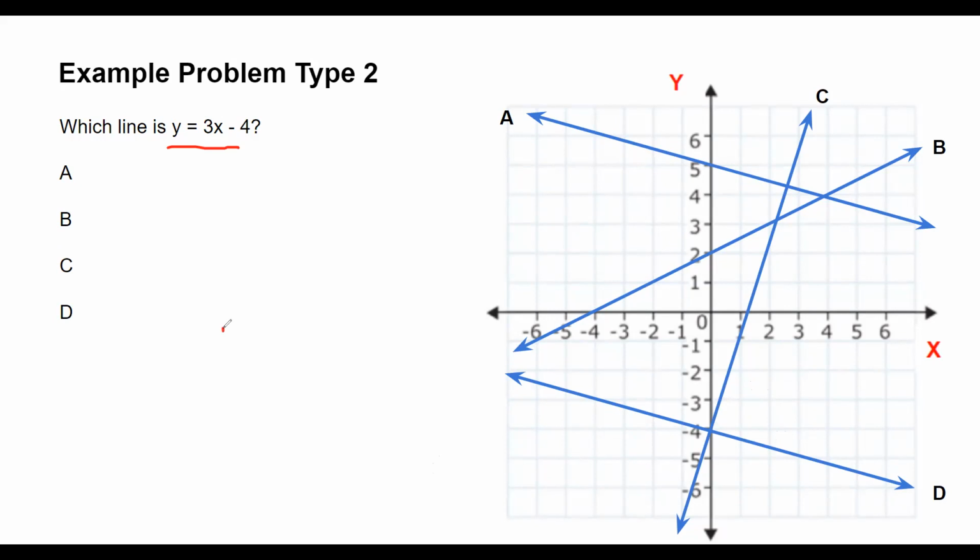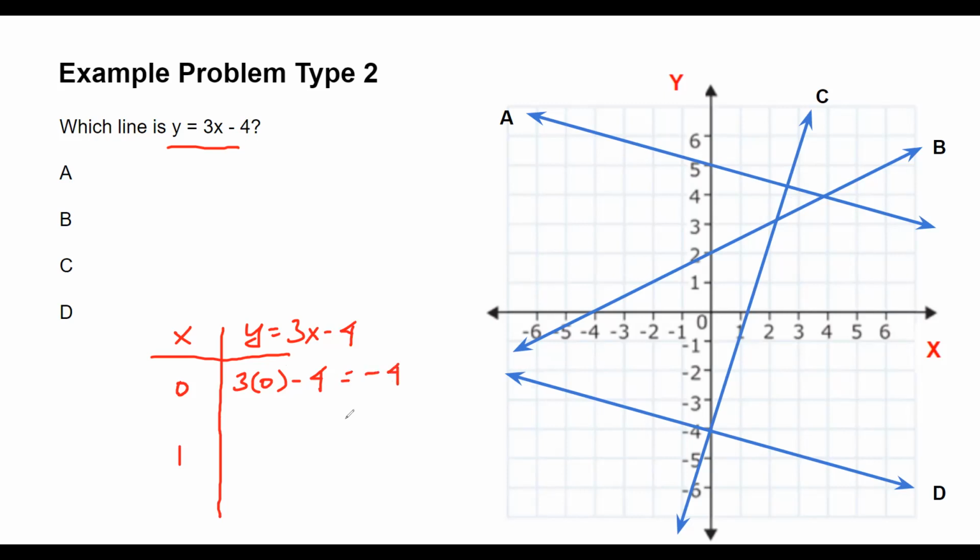Hopefully that makes sense. Let's create our table. We're going to put our x and our y. I'm just going to pick 2 points this time, because that should be enough to answer this question. And y is going to be equal to 3x minus 4. One of the reasons that I always pick 0 is that it makes for a very easy calculation. 3 times 0 is 0, minus 4.